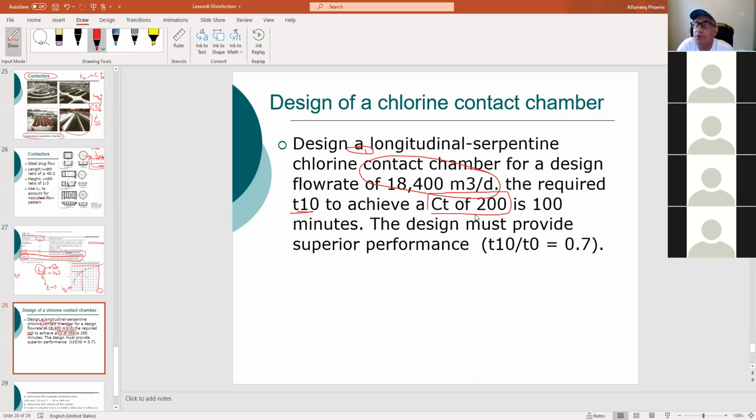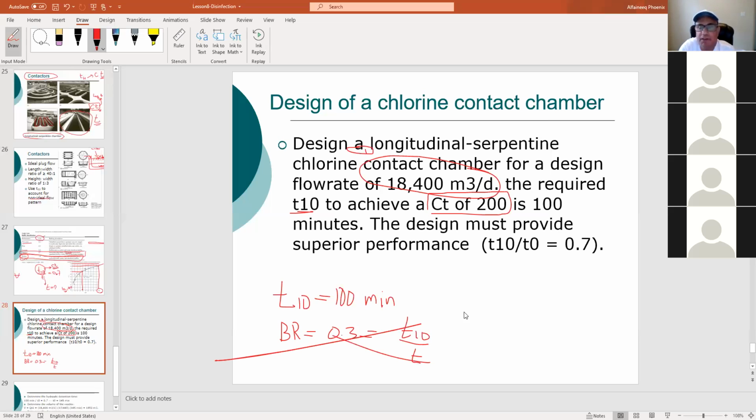So the T10 is 100 minutes. Sometimes they give you the baffling ratio, let's say 0.3 or 0.5 or whatever, and you understand that this is nothing but T10 over T detention. Here you are not given this one; you are given T10 directly. And the client wants you to design a superior one.